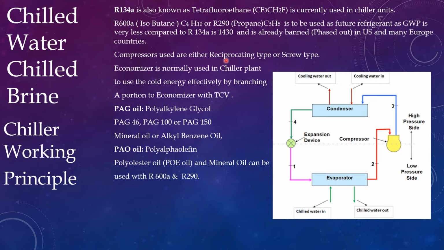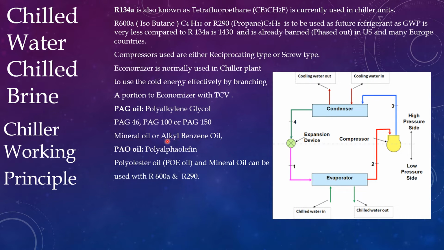Compressors use either reciprocating or screw type in chiller units normally. The compressor is mixed with oil. It can be PAG oil, polyalkylene glycol, PAG 46 or PAG 100 or 150 based on the viscosity, along with the refrigerant.